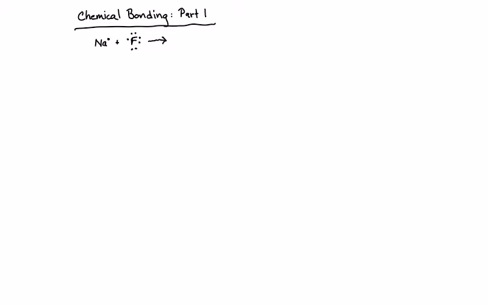So we know that sodium is perfectly happy losing an electron. So we can show that happening as sodium being converted to sodium plus 1 electron. And we know that fluorine likes to gain 1 electron, because by gaining that 1 electron, it's going to have its full octet.